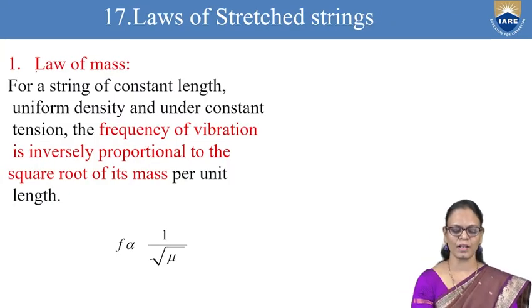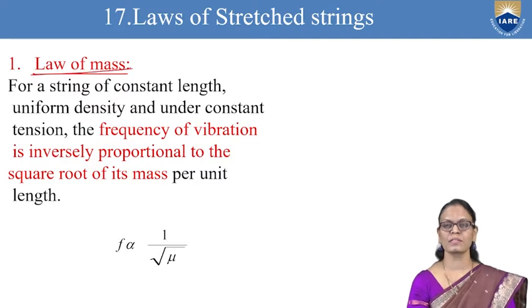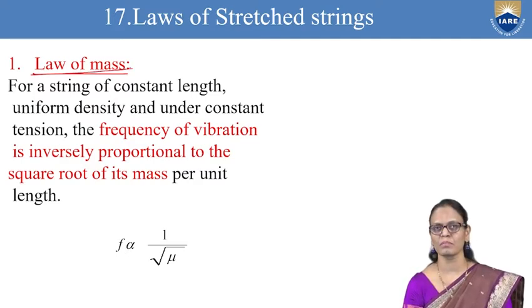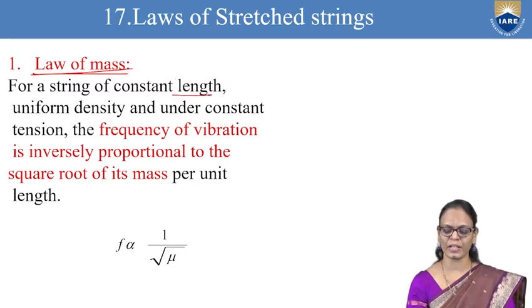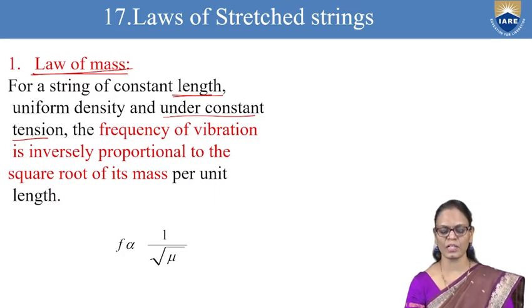Now first one is the law of mass. How does the frequency depend upon the mass? So for a string of constant length, we are keeping the length constant, and uniform density and under constant tension, the tension is also constant, the frequency of vibration is inversely proportional to the square root of its mass per unit length.